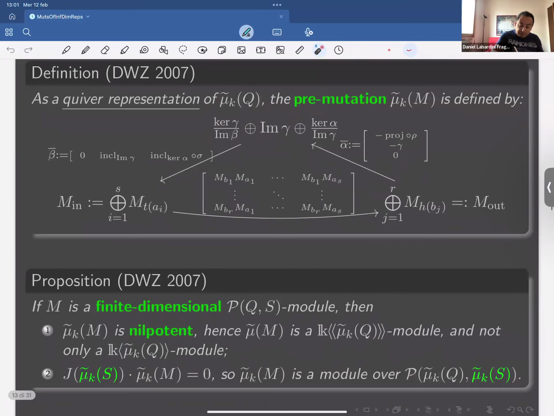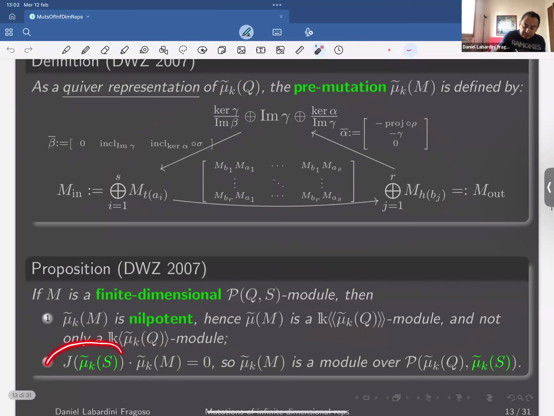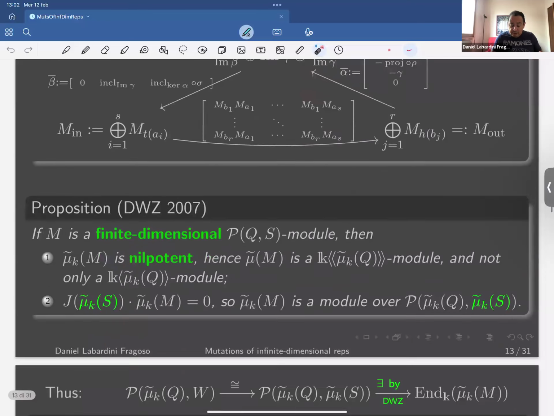So that's what they prove, that if M is finite dimensional, then this information that gives you a module over the path algebra can be extended to a structure of module over the complete path algebra. And it's annihilated by the Jacobian ideal of a certain new potential that I'm not going to write in detail, but that is a very specific potential that is defined in terms of S.